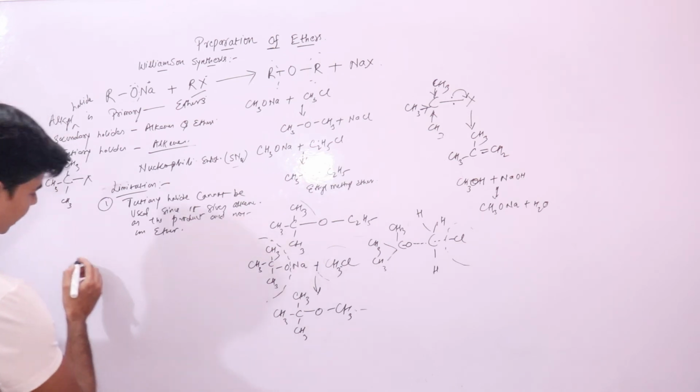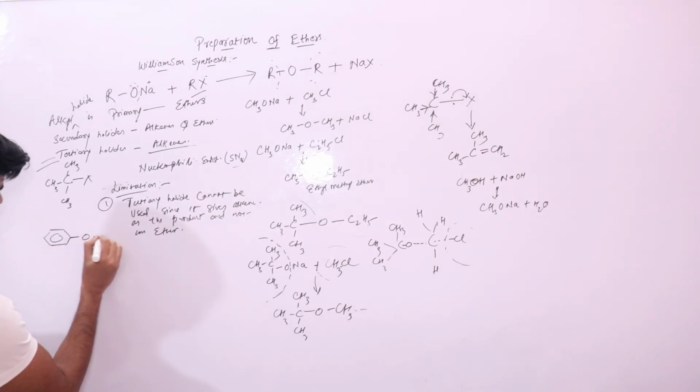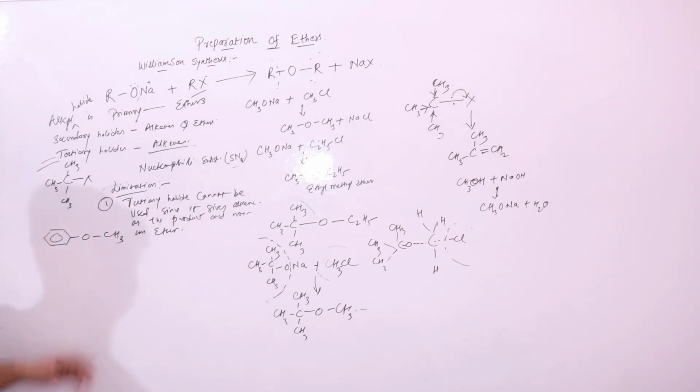And suppose I now want to prepare an ether, say, if I want to prepare this ether, right? Now this is your phenyl methyl ether, right? Phenyl methyl. Sorry, this is your methyl.